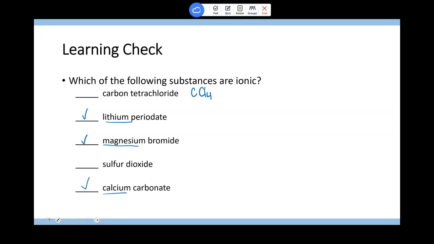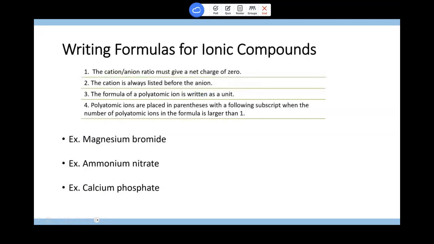Okay, let's look at a name of a compound and then actually write out the entire formula. To write formulas for ionic compounds when you're given the name, know that the cation to anion charge ratio has to have a net charge of 0.